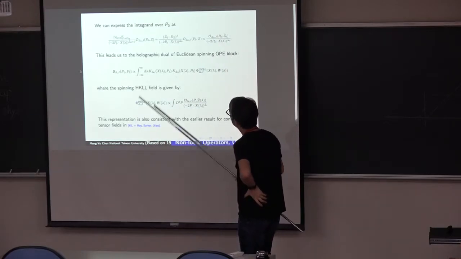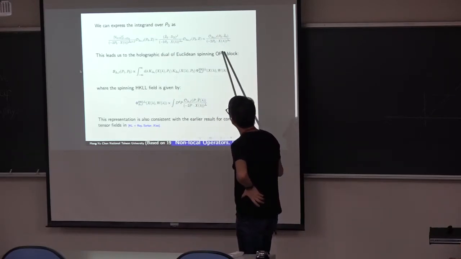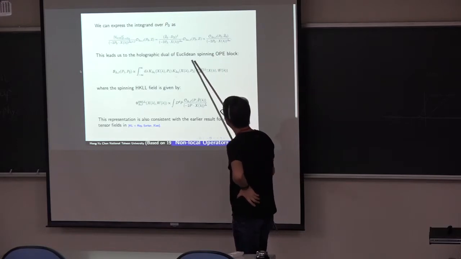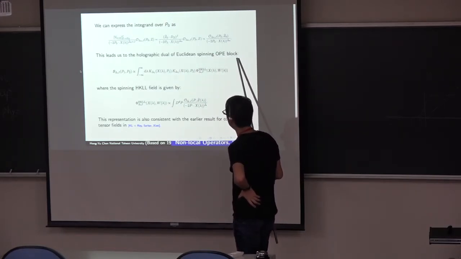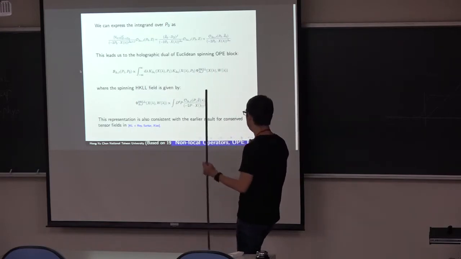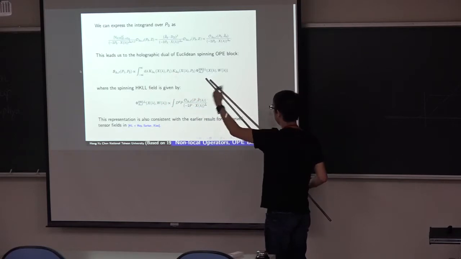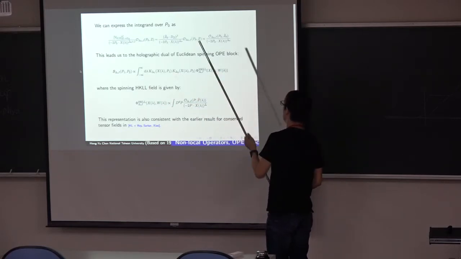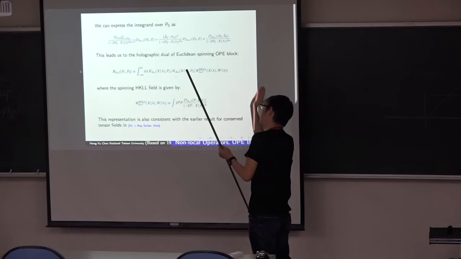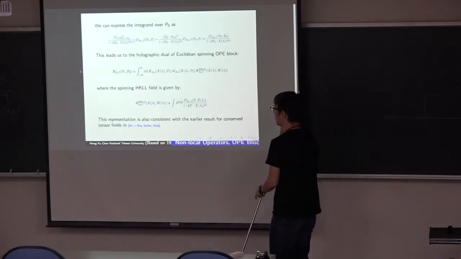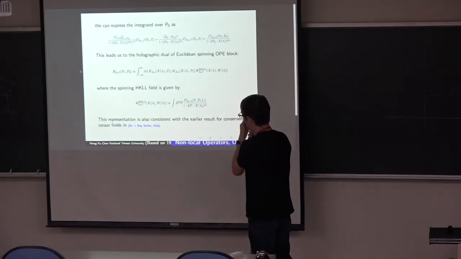So this leads us to a very nice, very simple generalization of the holographic view of the Euclidean spinning OPE block. The structure is basically the same, that you are dragging this spinning generalization of the HKLL field directly along this geodesic.